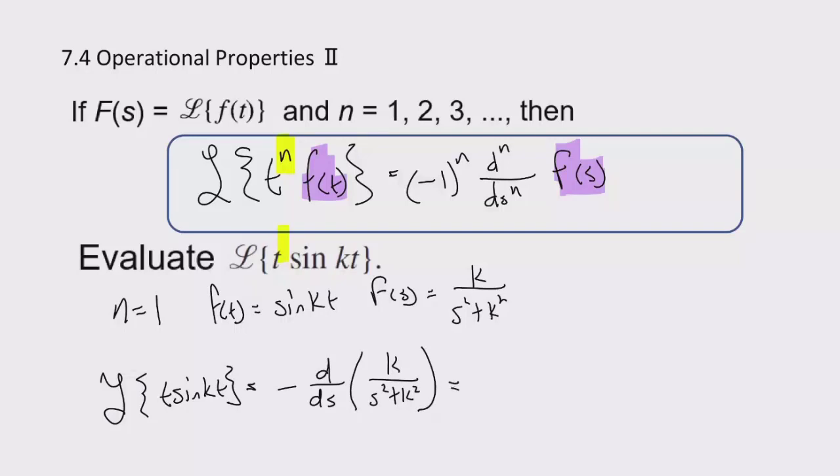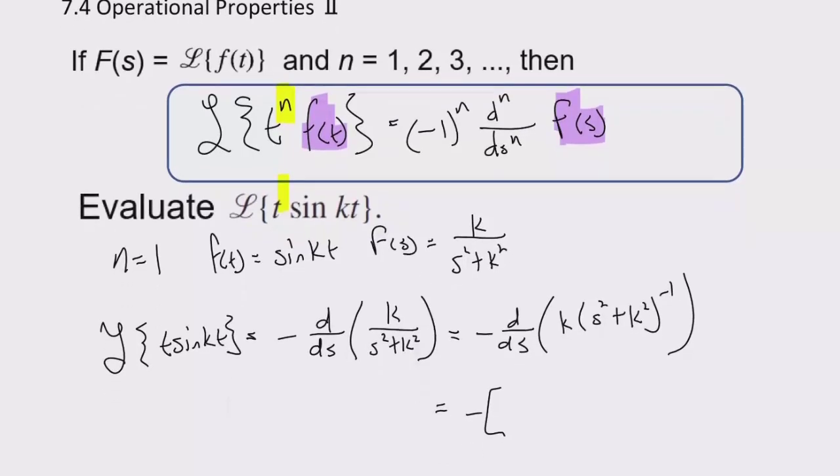And so then we just need to apply the appropriate derivative on that. So I'm going to rewrite this d ds, so k times s squared plus k squared to the negative 1. And I'm a little off screen there. Let me move that up.